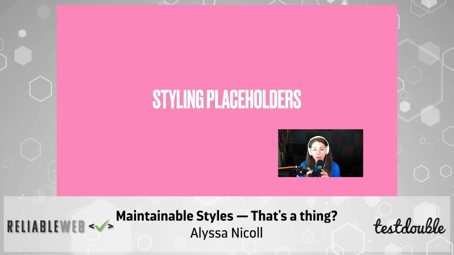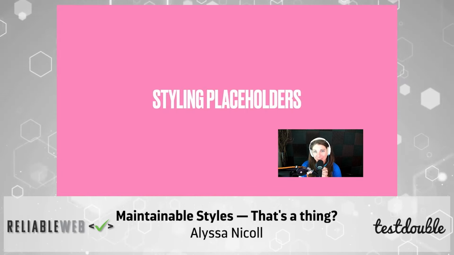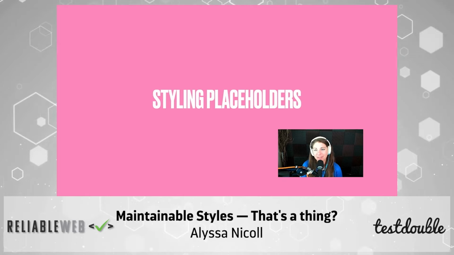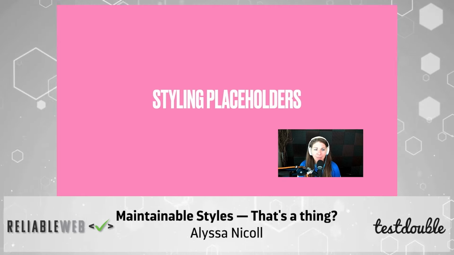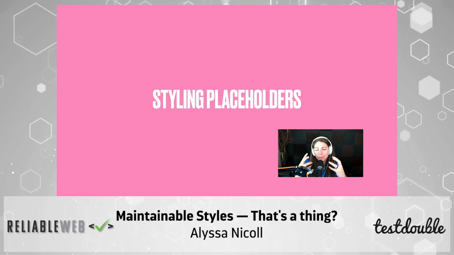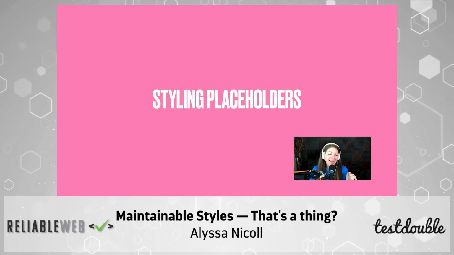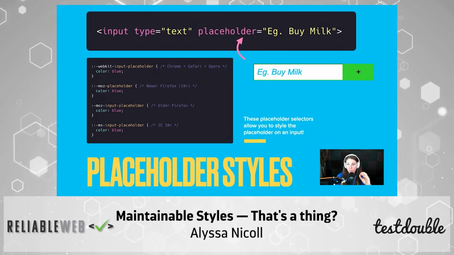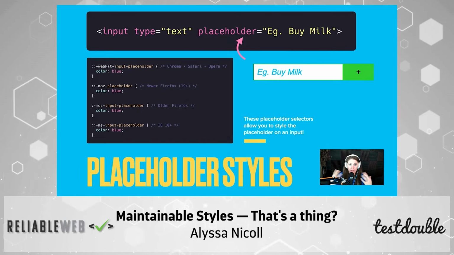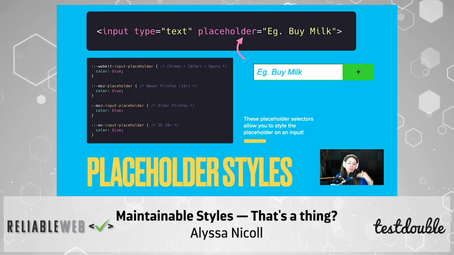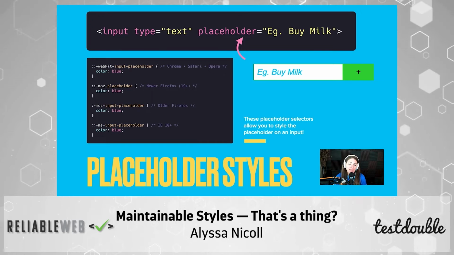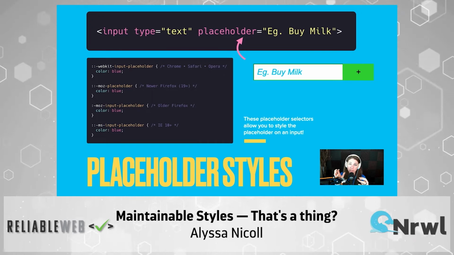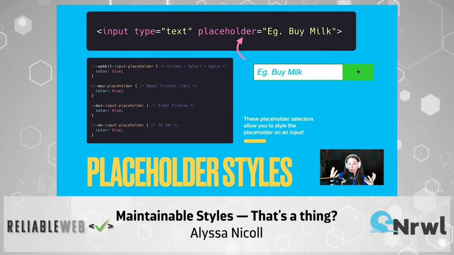So let's talk about styling placeholders. I'm so excited about this because it touches both on maintainability and just the how you do it of CSS. So this, as you can see, is our input with our placeholder of "e.g., buy milk." And then these below are actually the ways that you can select that placeholder and style them per browser.